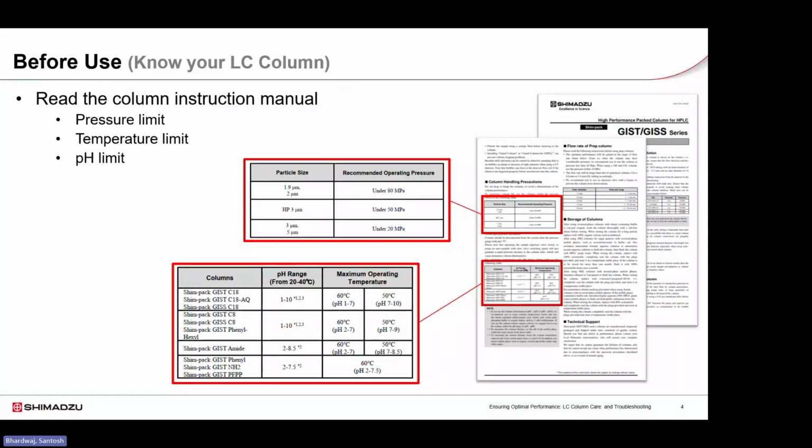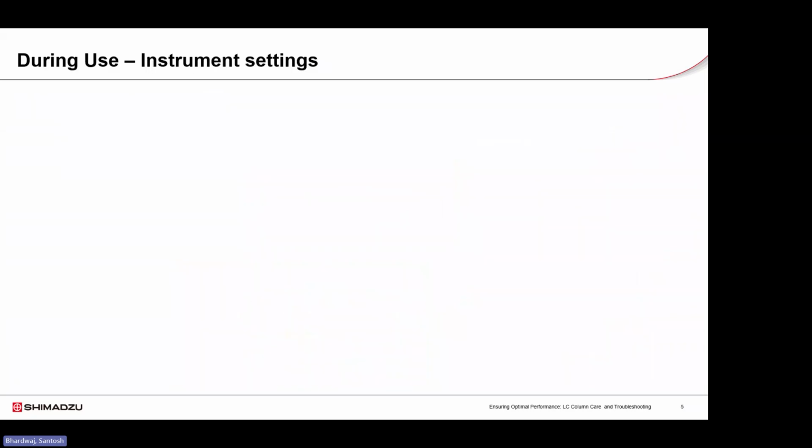Understanding and following these limits helps prevent column damage and ensures safe, reliable, and consistent operation. During column use, it is important to set all operating limits according to the column specifications. The pressure limit is especially critical.